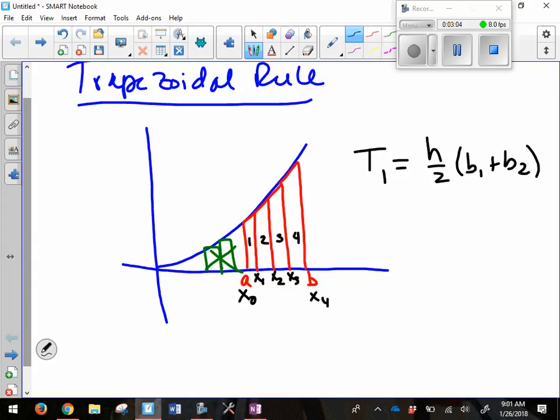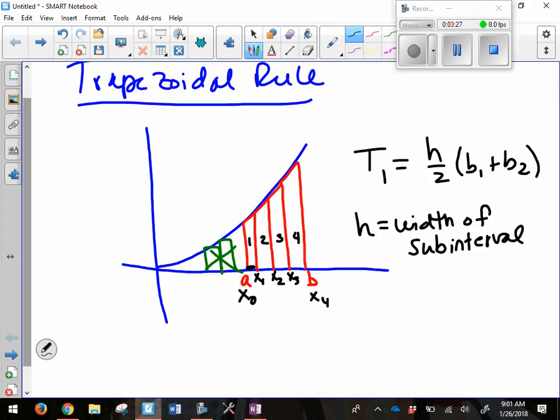And as we start to apply this to all of the subintervals, H is going to be the width of an individual subinterval. That's this part here is going to be H.